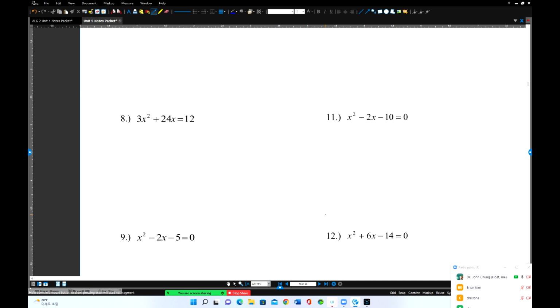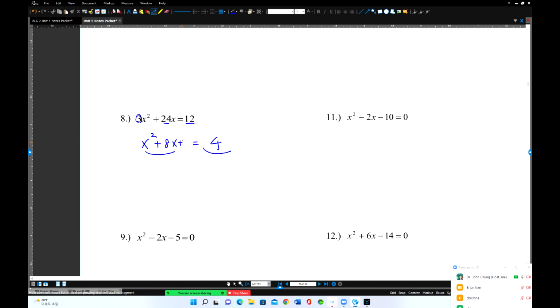When you use complete the square, always the coefficient of x squared is 1, okay? But all the terms here are divisible by 3, so you can switch this one. X squared plus 8x equals 4, isn't it? That is, variable terms and constant terms, isolate. From here, you can try to complete the square, okay?